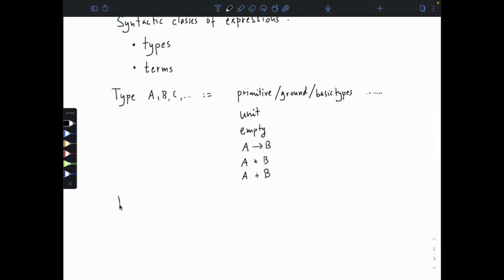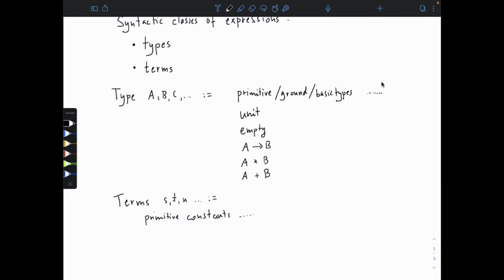Then there are terms. Terms, I will use letters S, T, U for terms. Here, there will be, first of all, some primitive constants. This is the stuff that we can throw in.